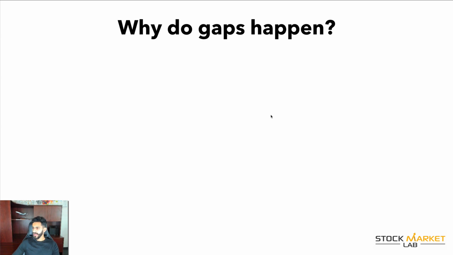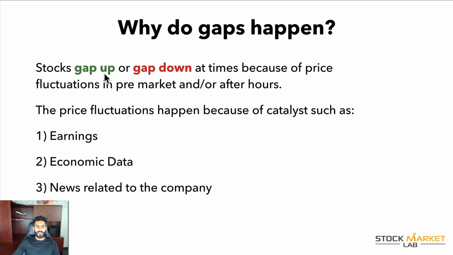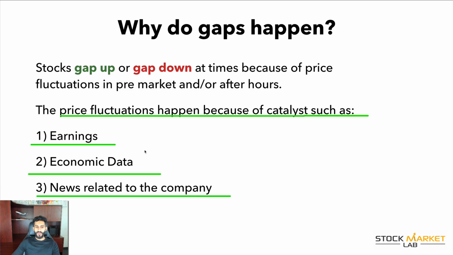Now, the question people have is, why do gaps happen? What causes gaps? Stocks gap up or gap down at times because of price fluctuations in pre-market or after hours. These price fluctuations happen because of catalysts such as earnings, economic data, or any news related to the company.